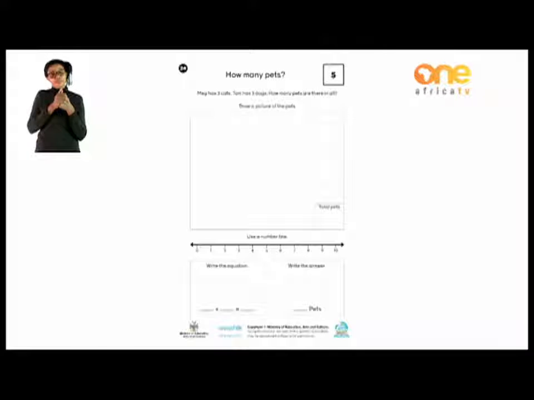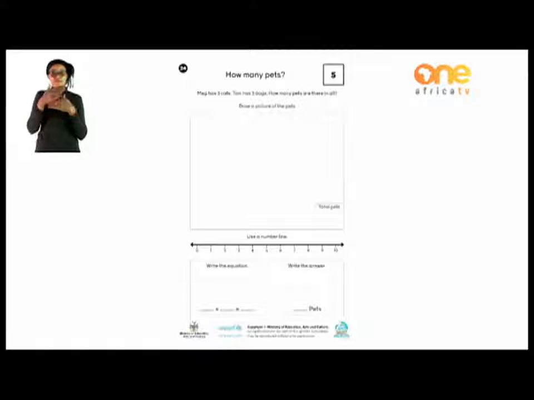I'm going to repeat myself again. On that page, there is a big empty square. You have to draw the following: 3 cats and 3 dogs.